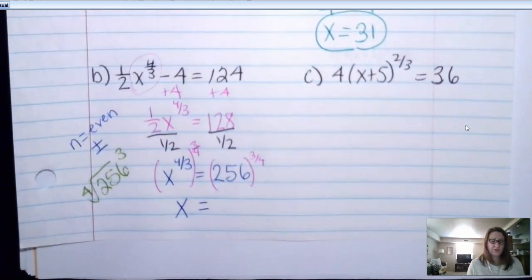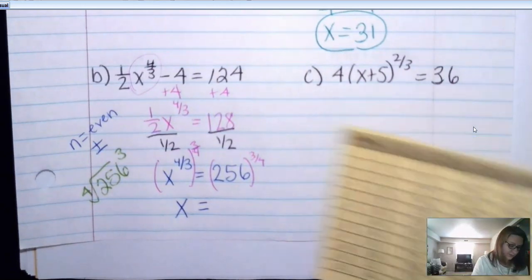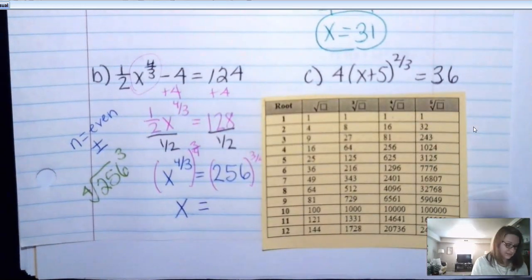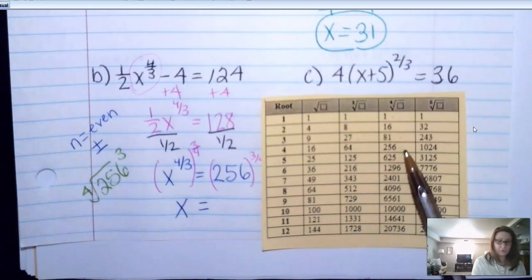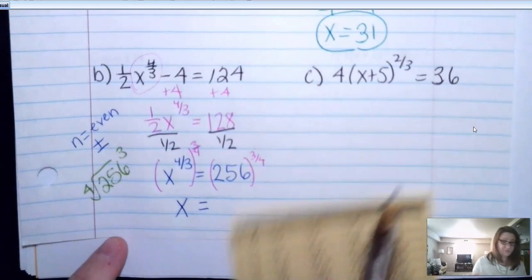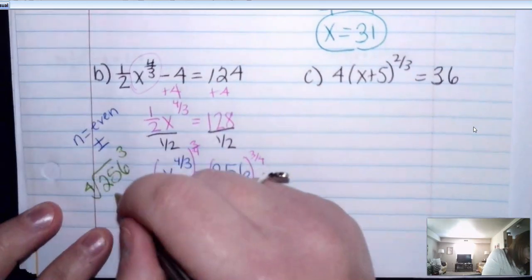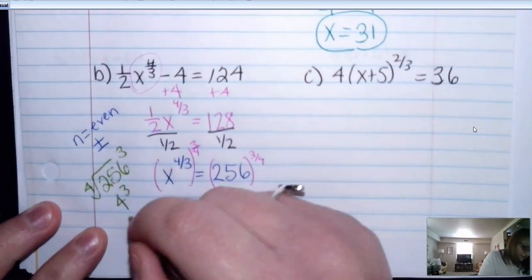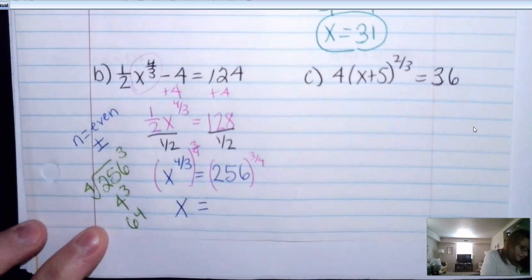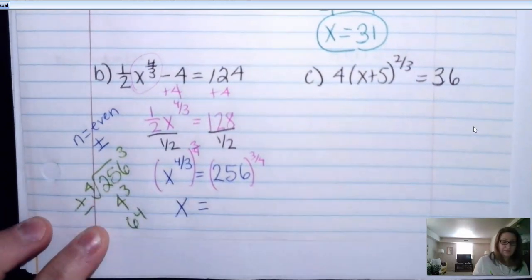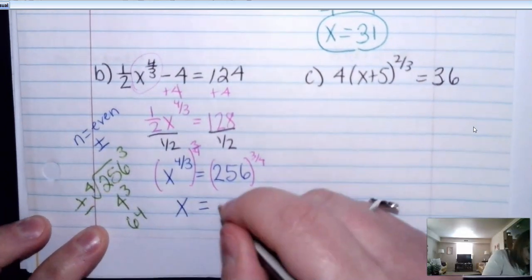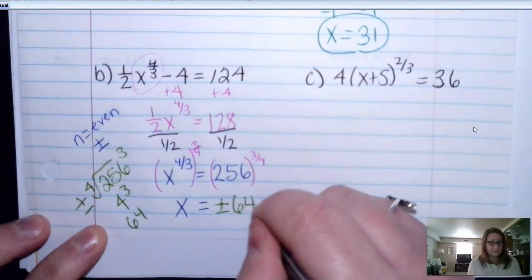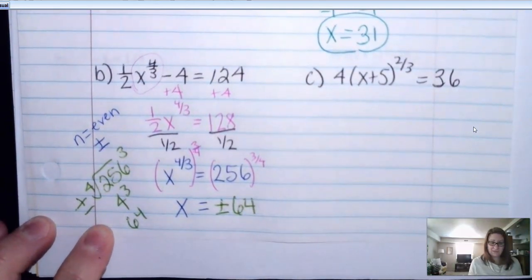If you guys look at your perfect fourths, and if you want to grab that little yellow paper, 256 is the 4th down, so the 4th root of 256 is 4. So this would then be 4 to the 3rd, which is going to be 64. Now, because this is a 4th root, I have to put plus and minus, so my 2 answers to this question could be 64 or could be negative 64. And of course, you guys can plug that back in to check.